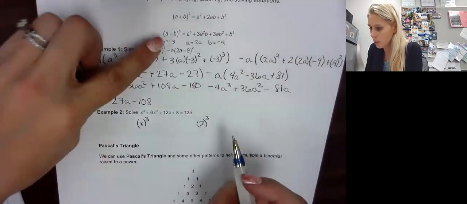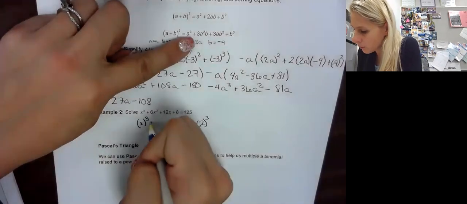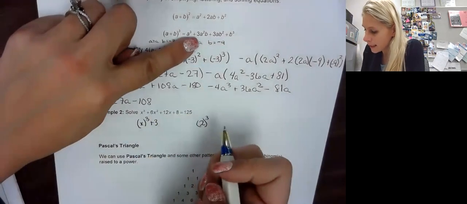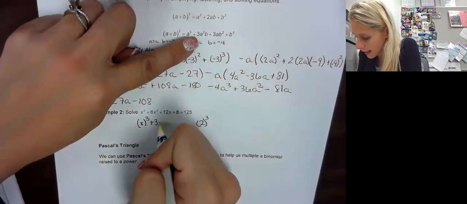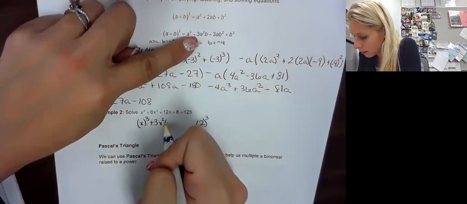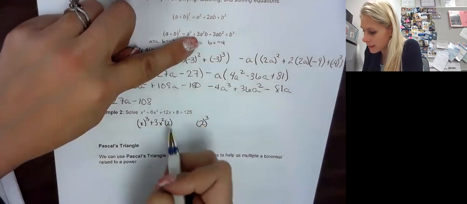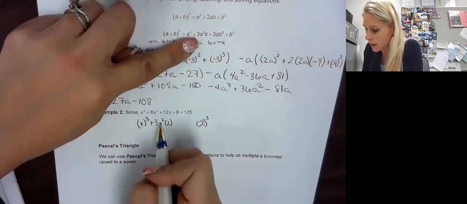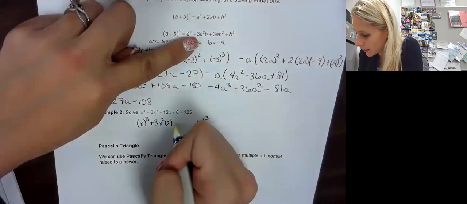So let's see if that works. The next term would be 3 times a squared. Well, a is our x, right? So x squared times b, well, b again is 2. Did this come out to 6x squared? It did.